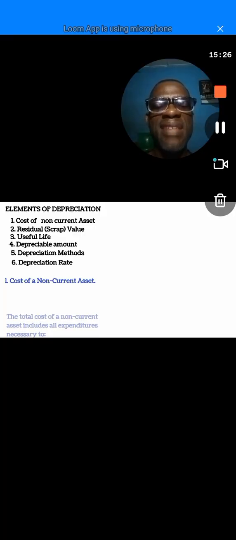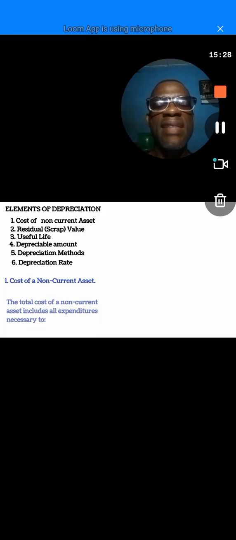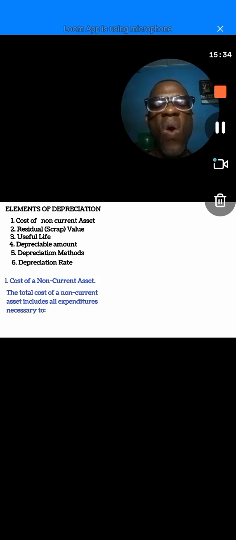What are the things that make up the cost of non-current assets? The total cost of a non-current asset includes all expenditure necessary to, one, acquire the non-current asset.